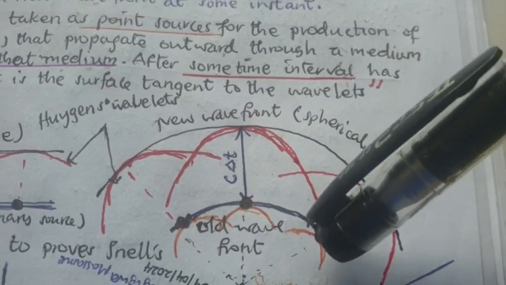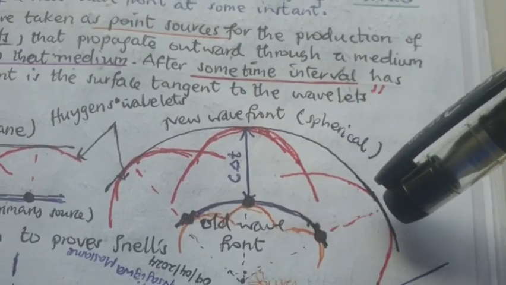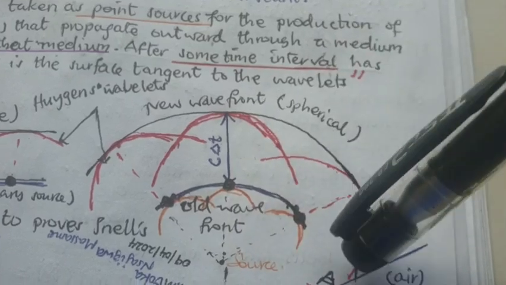Each point source produces a new wavelet.